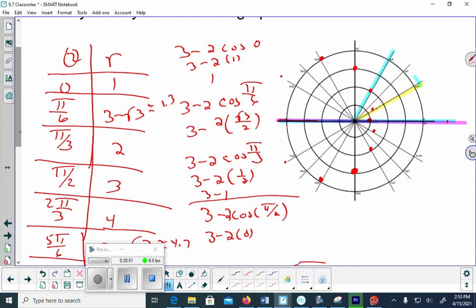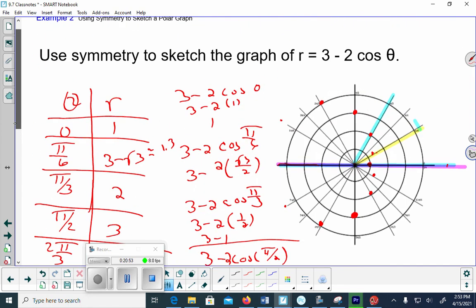And then the last one was pi, 5. So pi would be about here. And so I'm going to guess that it goes something like this. Kind of have that little divot in here. And now I'm going to verify on my calculator that that's the graph that I should have.